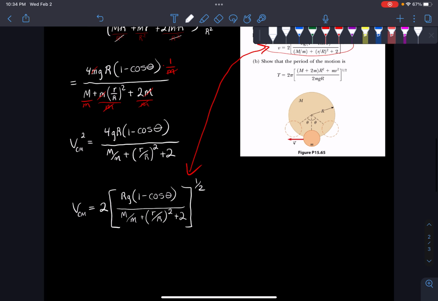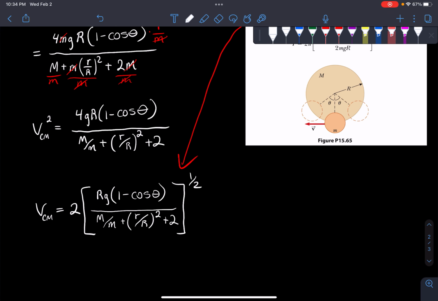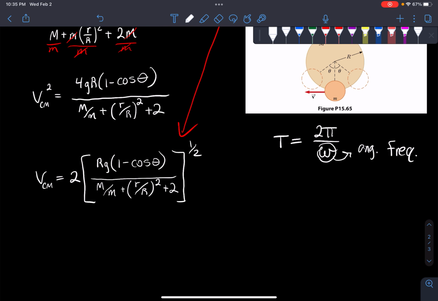First of all, let me just write that. So the period of any oscillation of a simple harmonic oscillator is 2 pi divided by omega, where omega is the angular frequency, which comes from setting up Newton's second law. I think the most classic example is with a box on a spring.